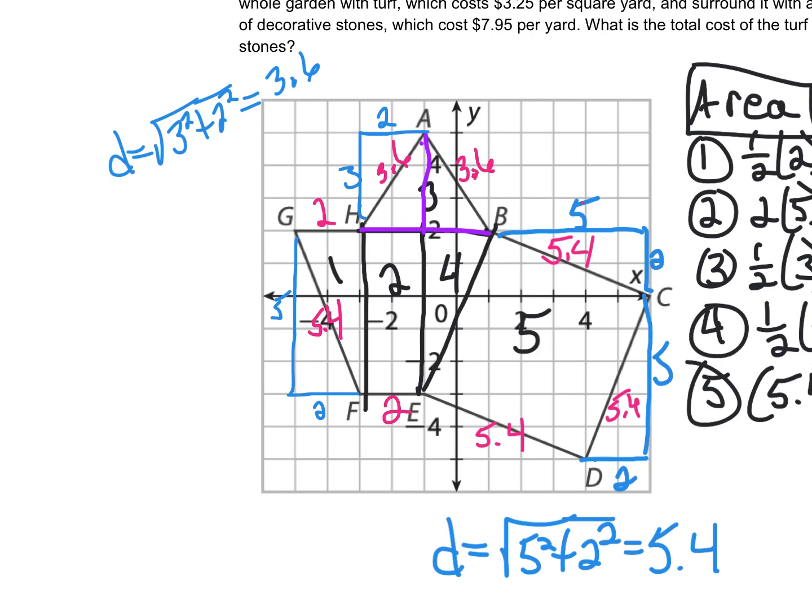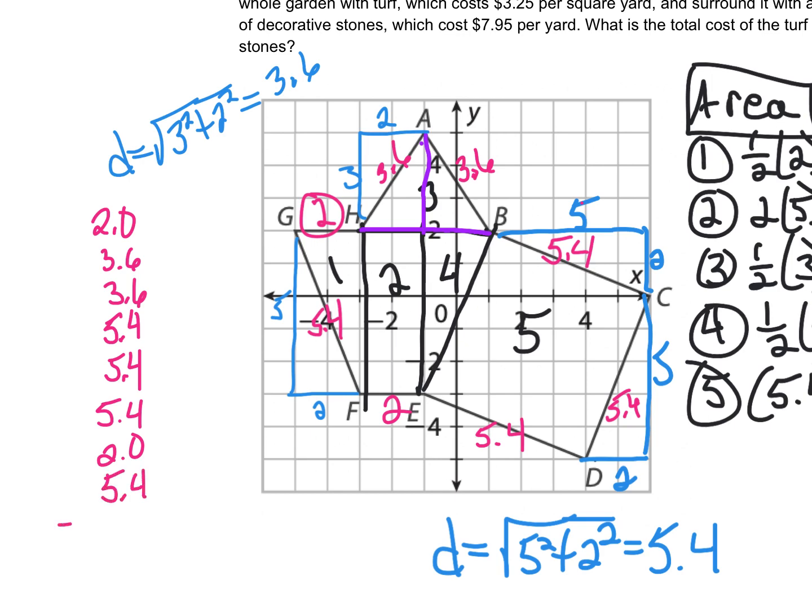So if we add up all of them, I'm going to start right here at 2. 2 and 3.6, 3.6, 5.4, 5.4, 5.4, 2. And you know what? I need to write that 2 like that. 5.4, and there I'm done.